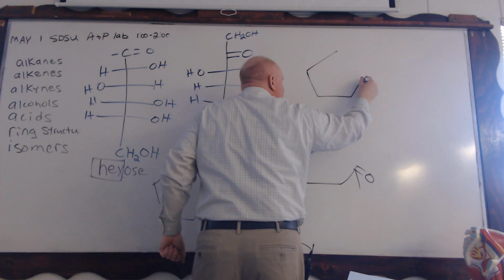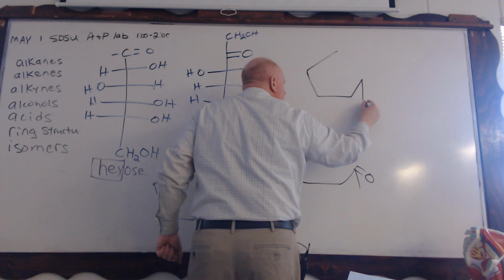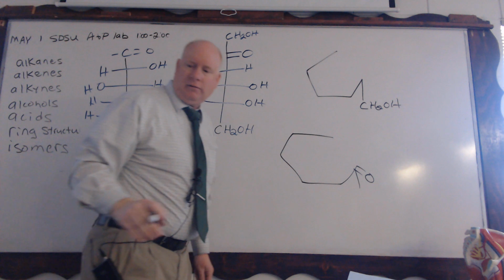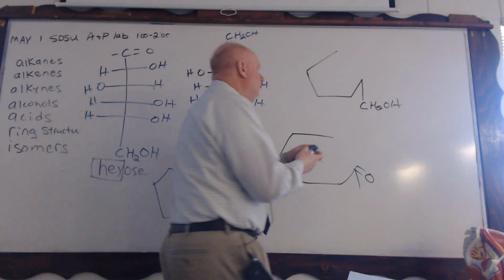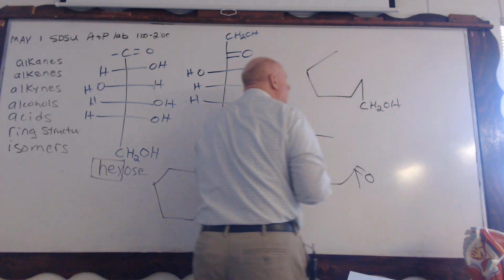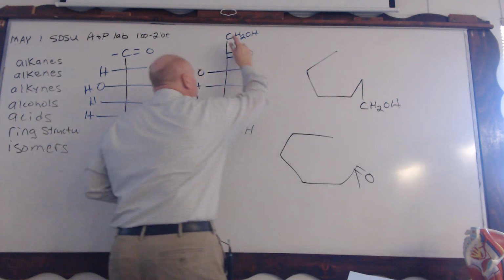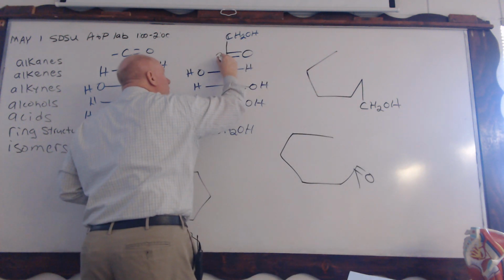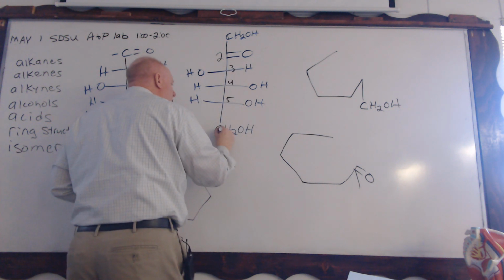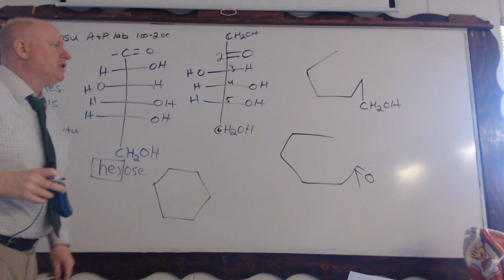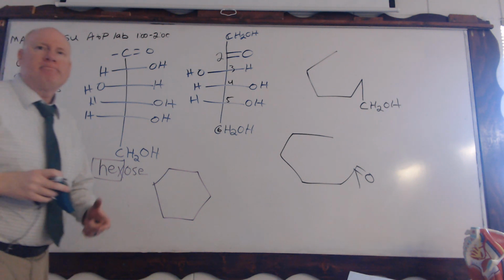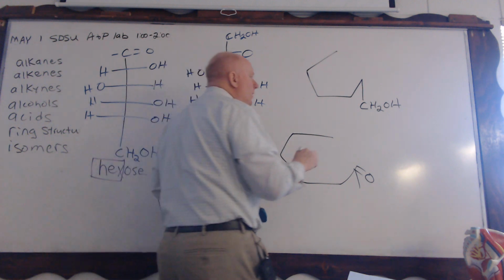So what that means then, here is carbon 1, CH2OH. And then, so here's carbon 1, carbon 2. So where would you presume that carbon number 2 is located? This way?